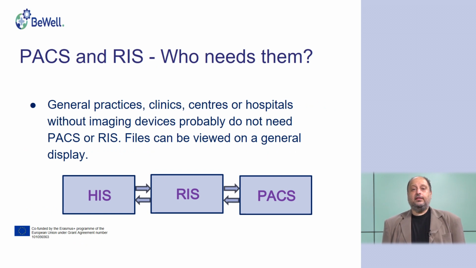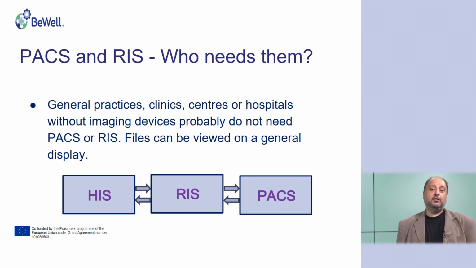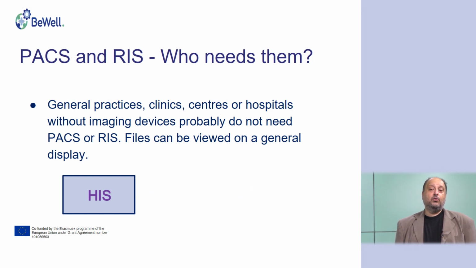So who needs them? Fairly speaking, general practices, some small clinics or centers, hospitals that do not have imaging facilities, they do not need PACS and RIS, and some image files can be viewed on a general display. So they probably need only the hospital information system or another system connected to the electronic health records, to the healthcare system, and so on.